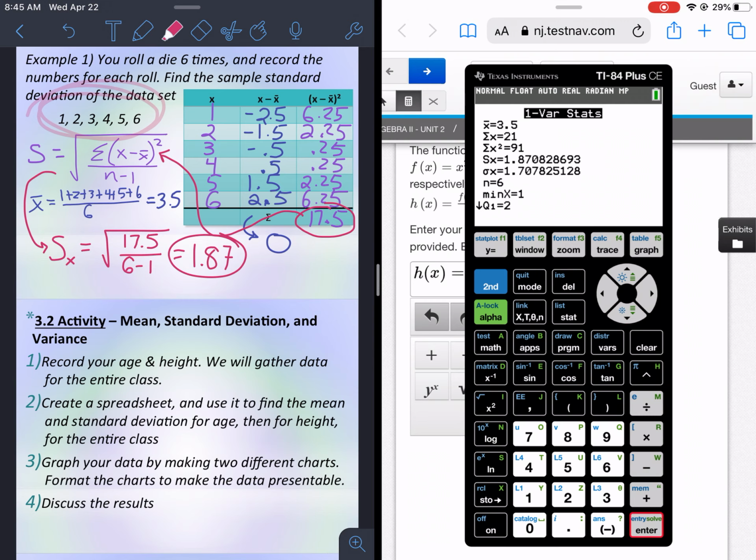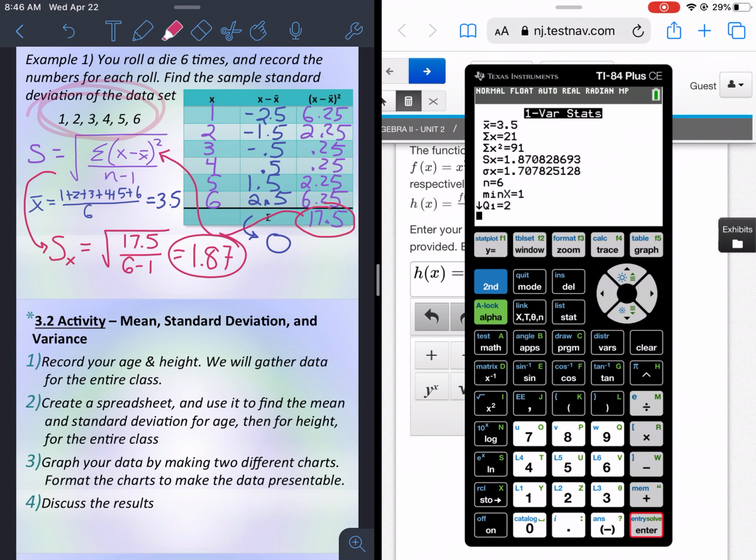There you are. Notice that the sample mean x bar is 3.5, so we're correct on that. And then that Sx says 1.87 with a bunch of decimals. That's the sample standard deviation. The one below that says sigma, lowercase sigma x, 1.707 and so on.